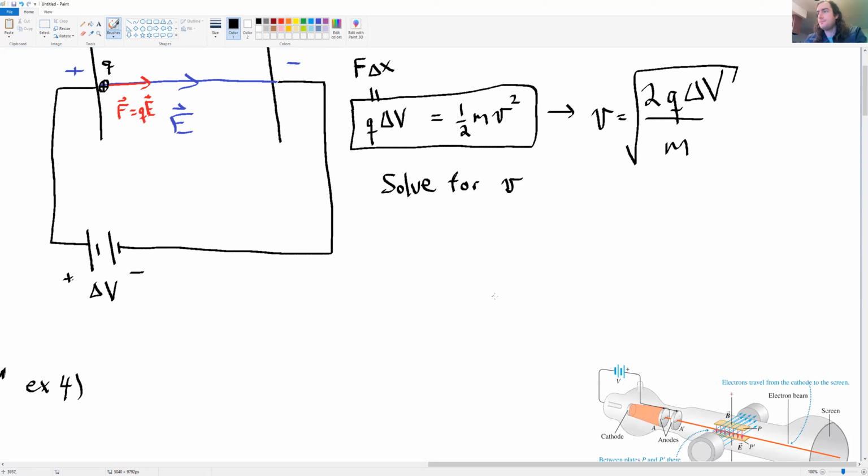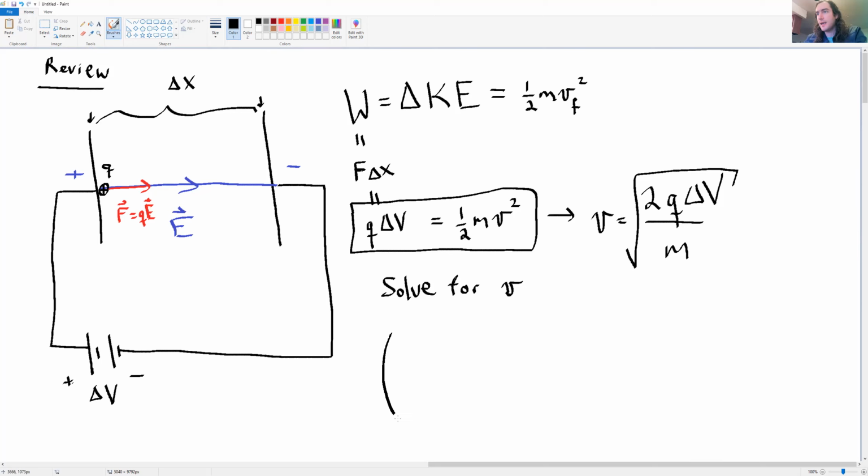And we can take advantage of this idea of accelerating a charge through that electric field in the following way. What we're ultimately going to end up doing is we're going to have these plates with holes in them, and we're going to use that electric field to launch particles through the hole.